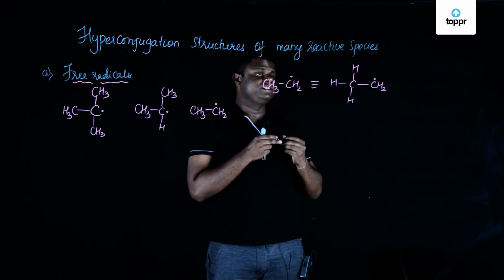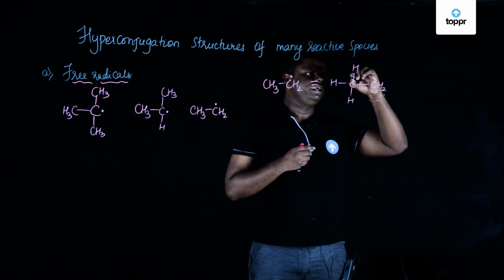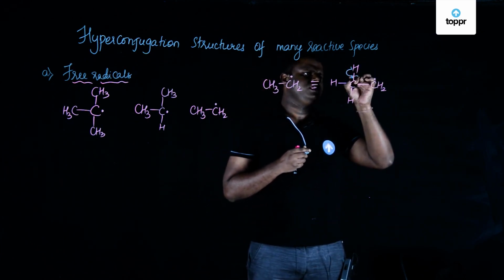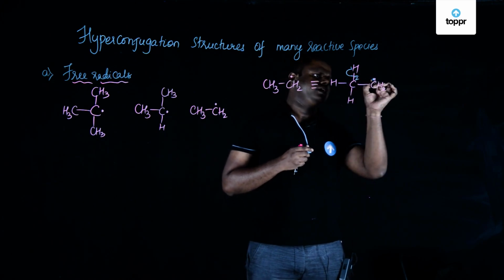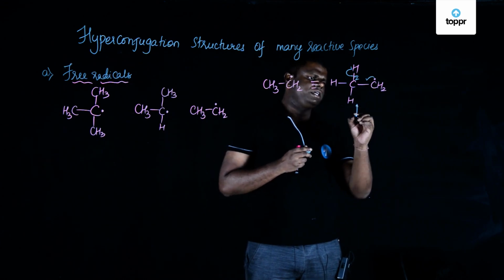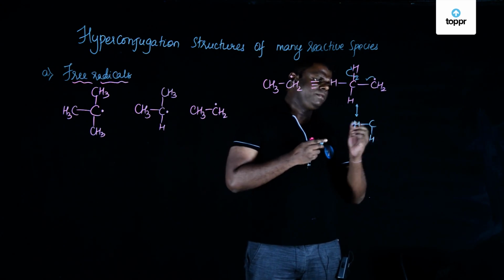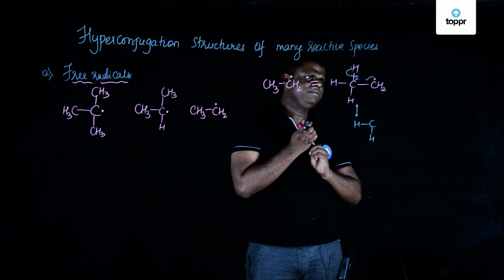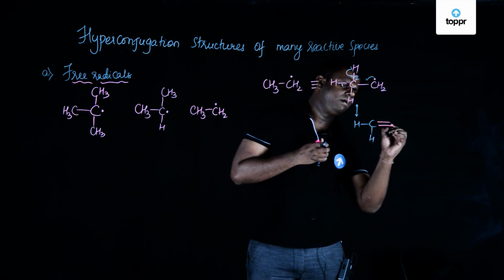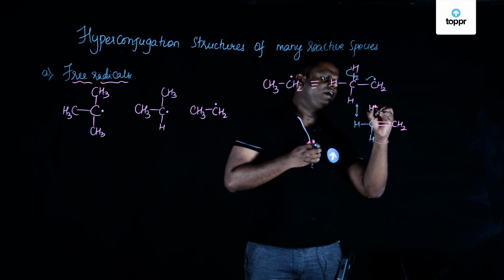Now what exactly is going to happen here? This would undergo homolytic fission. One electron would shift here, one electron would shift here, and these two electrons would form a bond. So I would get the first hyperconjugation structure, which is HCH, and then a double bond CH2, and hydrogen would be left with one electron.